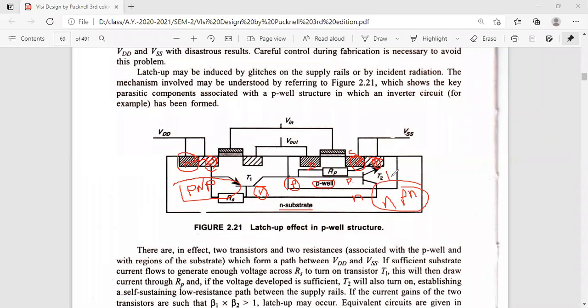Unknowingly other devices are formed which also have some amount of resistances. So that is nothing but the latching up. Some devices are unknowingly formed when we design, so that will generally be treated as latch up. It's the latch up effect, right?